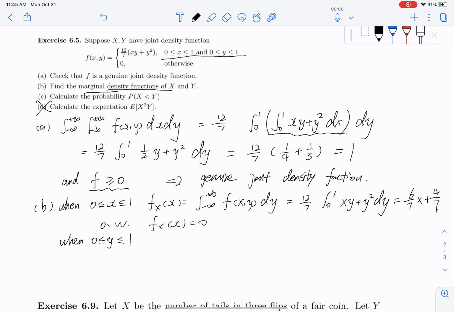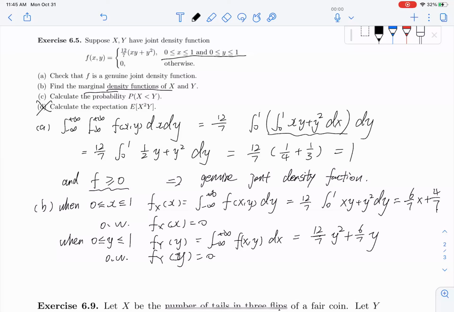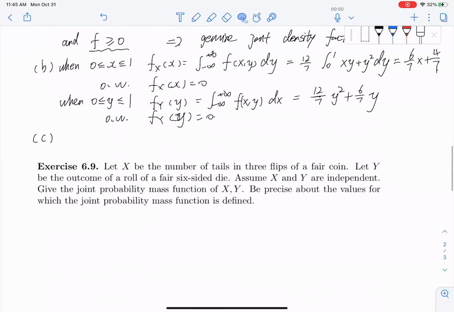When y is between 0 and 1, it's non-zero, and we can get it by the same method: integrate f(x,y) from minus infinity to plus infinity with respect to x, and the answer is 12/7 y squared. Otherwise y's density will be 0. So that's part B.